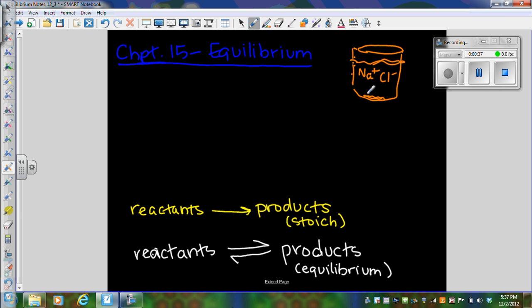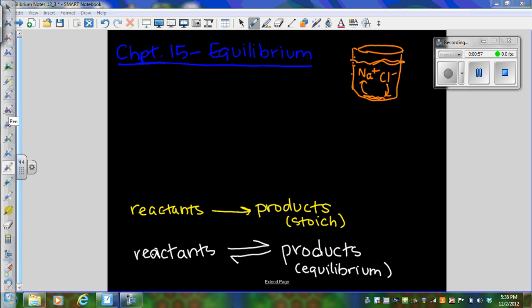So that solid was dissolving, and then the ions were precipitating back out and reforming solid on the bottom. So you've been kind of introduced to that idea, but now we're going to talk about equilibrium from the point of view of chemical reactions.